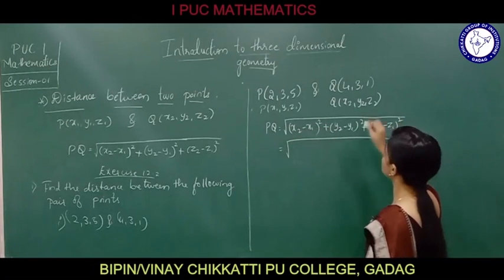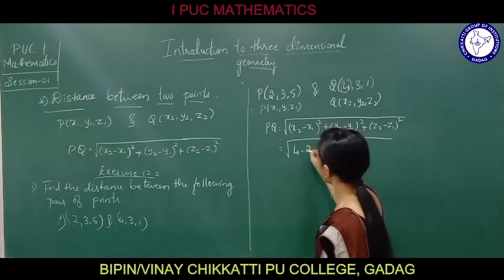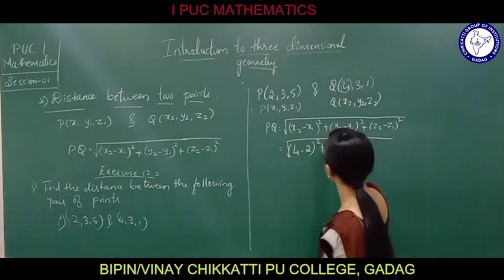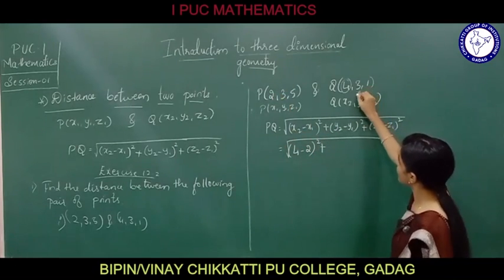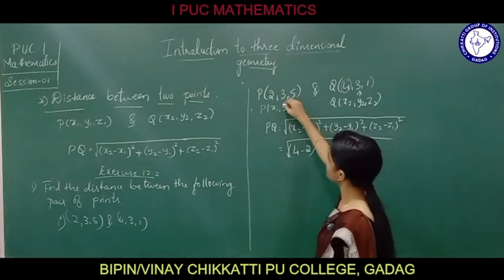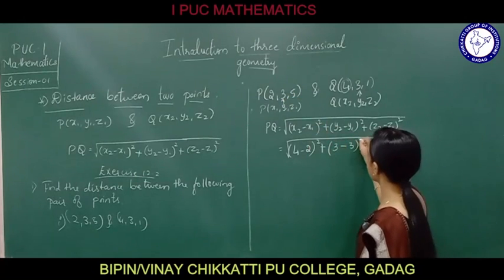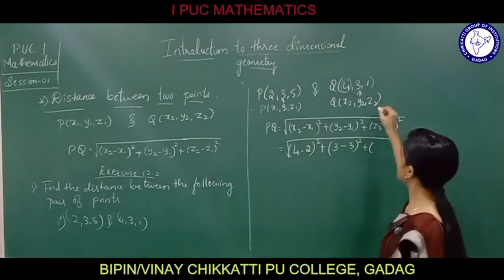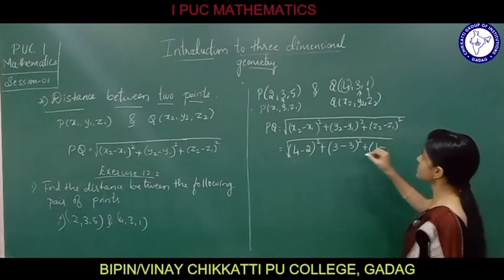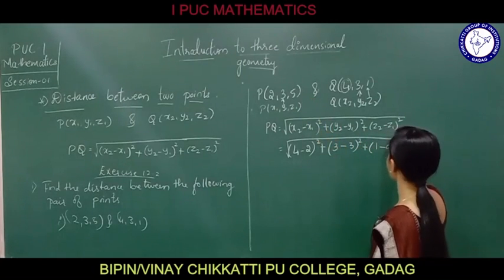X2 we have as 4, x1 we have as 2, so 4 minus 2 square, plus y2 is 3, y1 is also 3, so 3 minus 3 square, again plus z2 is 1 and z1 is 5, that is 1 minus 5 whole square.